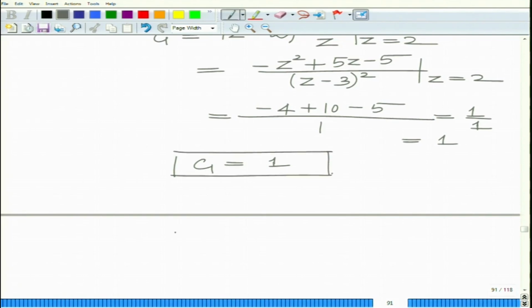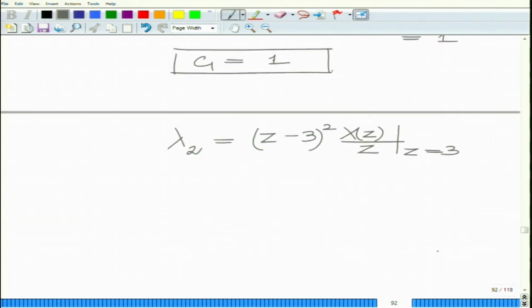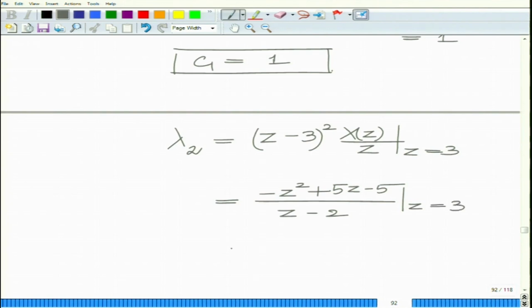Now, what about lambda 2? Lambda 2 is the coefficient corresponding to z minus 3 whole square. So, that can be evaluated as z minus 3 whole square times X(z) over z evaluated at z equal to 3. So, that will simply be minus z square plus 5z minus 5 over z minus 2 evaluated at z equal to 3.